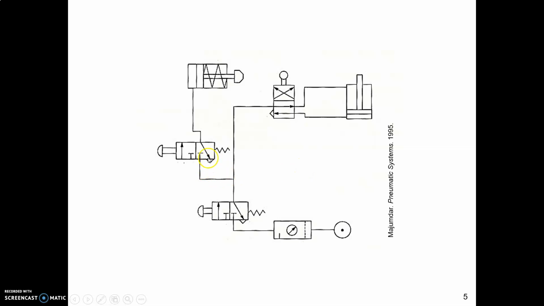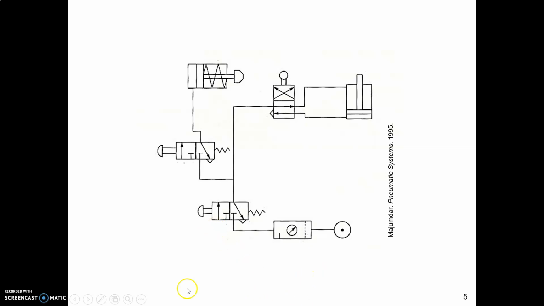You can notice these triangles on the valves that show where return air is exhausted to the atmosphere. And what else can you see? This unit down here at the bottom is a unit for conditioning the air that we will look at in the next set of slides.